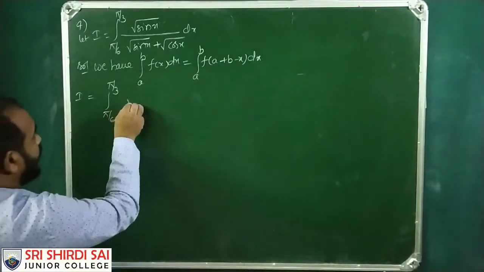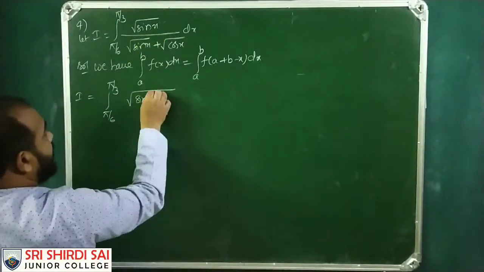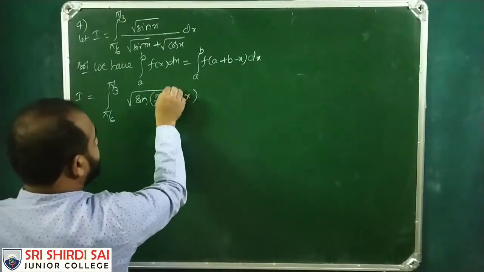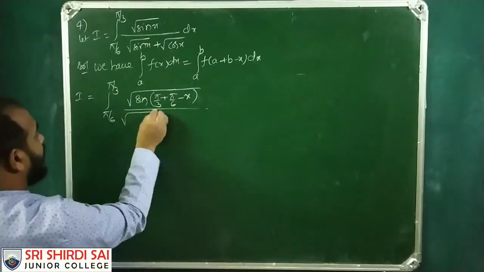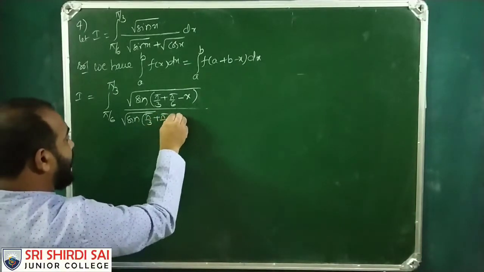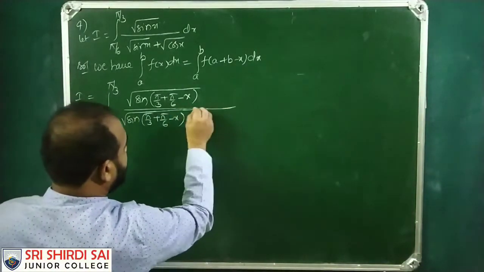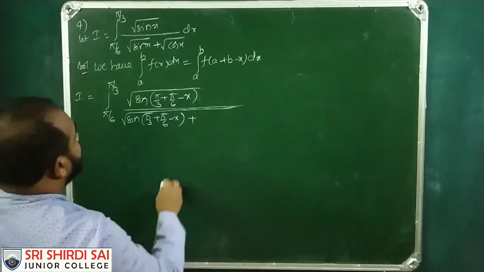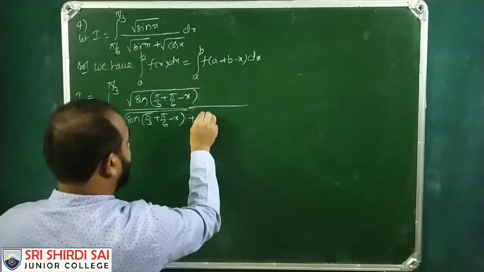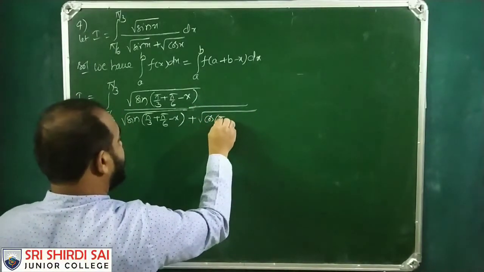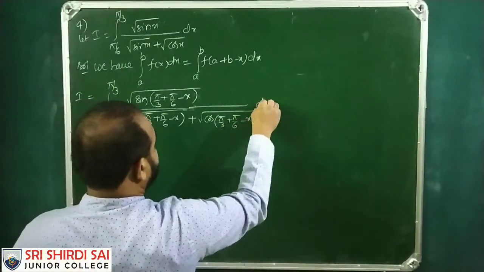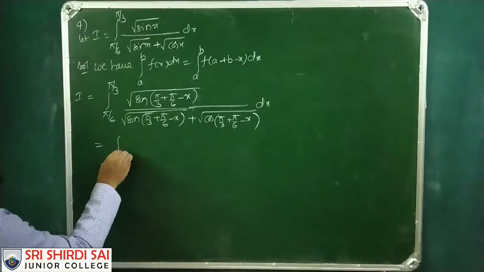So square root of sin of pi by 3 plus pi by 6 minus x, by square root of sin of pi by 3 plus pi by 6 minus x, plus square root of cos of pi by 3 plus pi by 6 minus x dx, from pi by 6 to pi by 3.